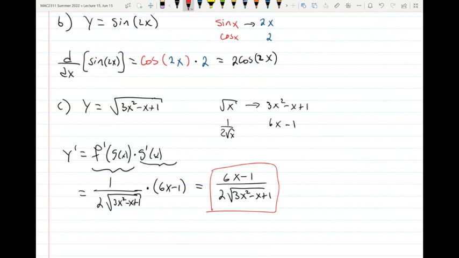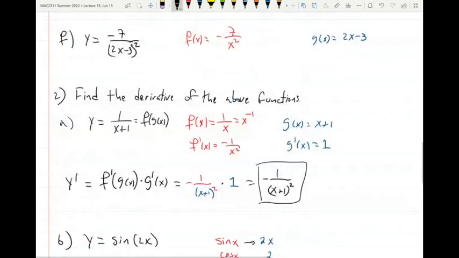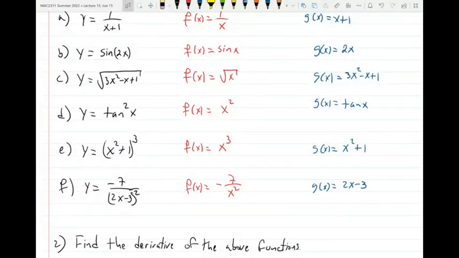Okay. Questions? Any questions on this? No? Okay, so go ahead and find the derivative of the last three. I'm gonna give you like 4 minutes, right? And then we do it together. Tell me what you got and so on. So do D, E, and F. And you already have the decomposition there.